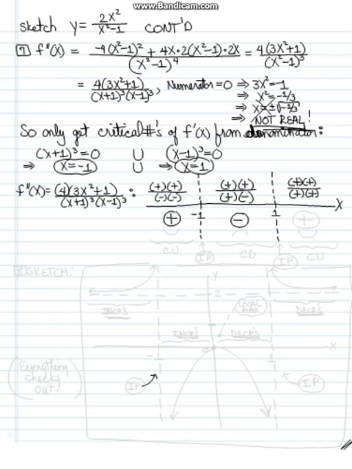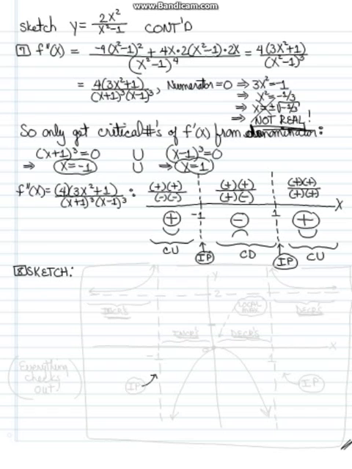That means we get concave up where it's positive and concave down where it's negative. So concave up from negative infinity to negative 1, concave down from negative 1 to 1, and concave up from 1 to infinity. We have points of inflection at x equals negative 1 and x equals 1.